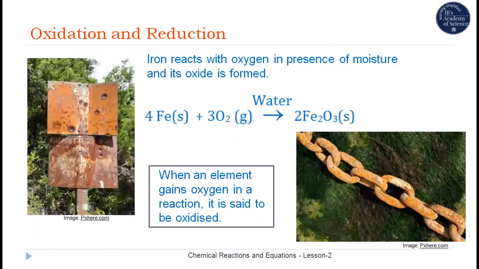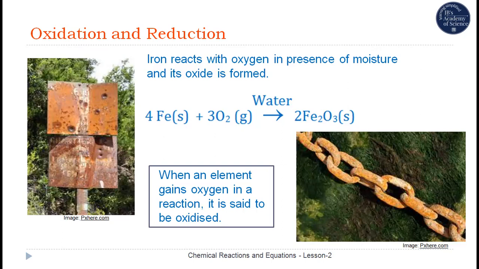Now, oxidation and reduction. We might have seen the objects made up of iron exposed to moisture and air will get rusted up, correct? So here you can see in the picture rusted iron.